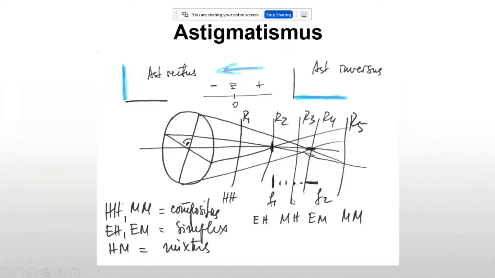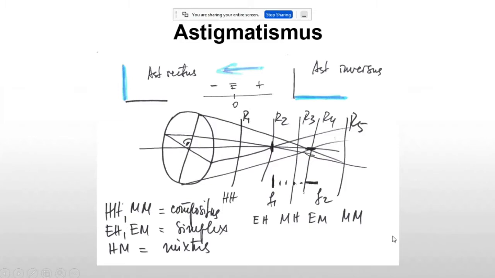If the retina is here, one is in front of the retina, myopic, the other is behind the retina, hyperopic. In retina 4 case, one is on the retina and the other is in front of the retina, we have one emmetropic, one myopic, and in retina 5 case, both are myopic.